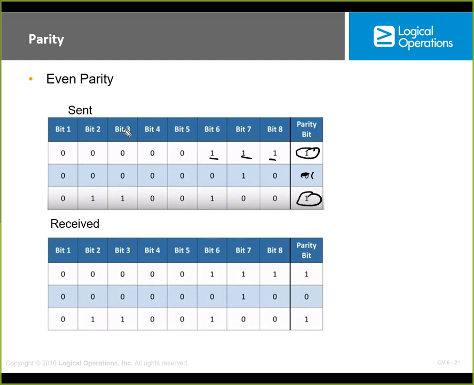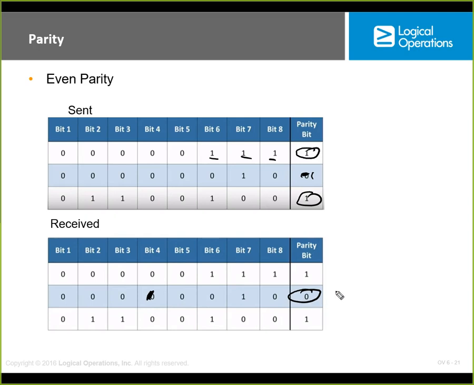If we go down here, we have the sent, and if this one was a 1, when we get down here with a 0, we know that there's been an error, that there's been a problem with it. The issue here would be if, see, we put a 1 in here to make it an even number of ones. If the error were this one, we had 2 ones over here and even, we would expect a 0 over here. So it's not 100%.